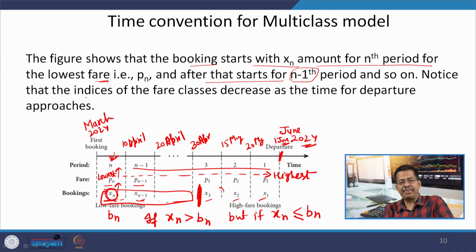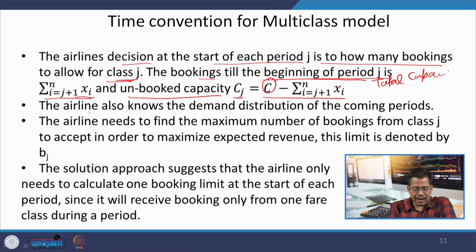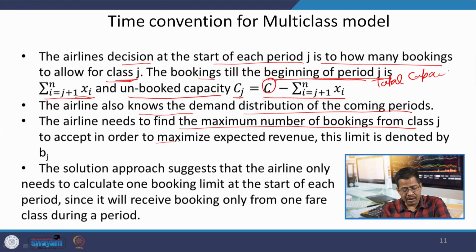That is the power of analytics: you may not have a static quota allocation for your classes, rather it can be a dynamic allocation. We assume the airline knows the demand distribution for the coming periods. The airline needs to find the maximum number of bookings for class j to accept in order to maximize its expected revenue.